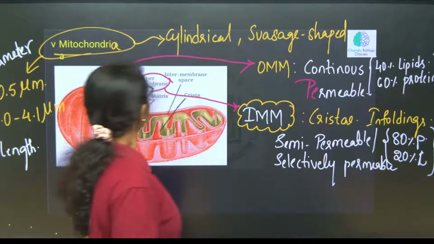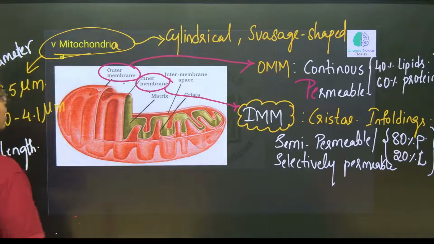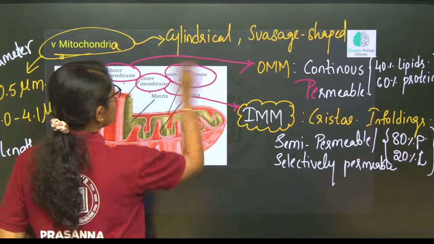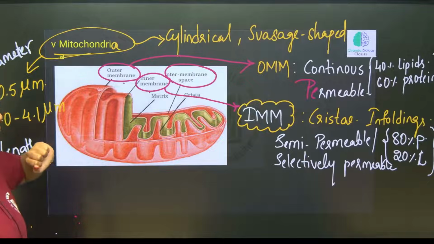The space in between the outer mitochondrial membrane and inner mitochondrial membrane is called intermembrane space.